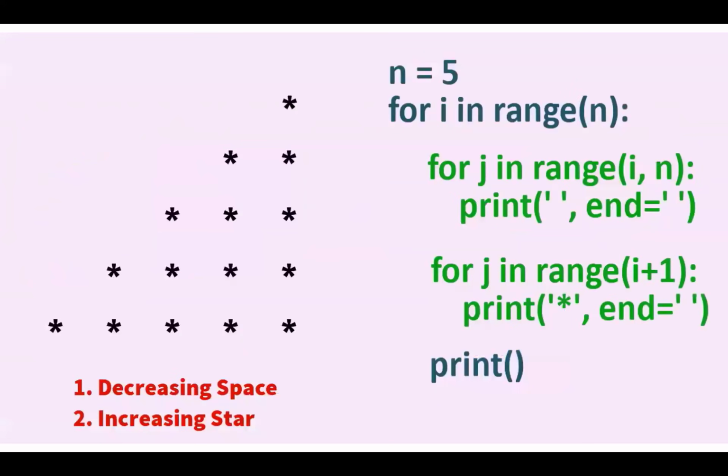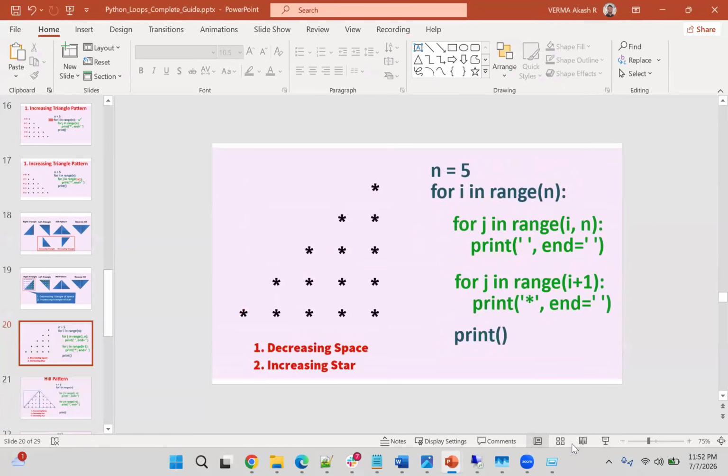So what I'm going to do in this one is range from I to n, which is the same, where the value of I is 1 and the value of n is 5. Right now the I value is 0. So this will also work.